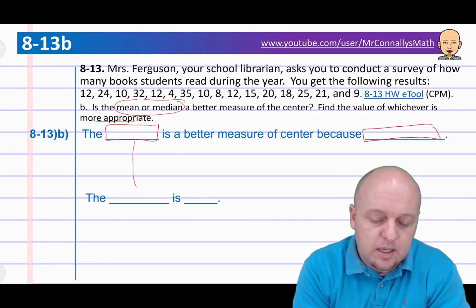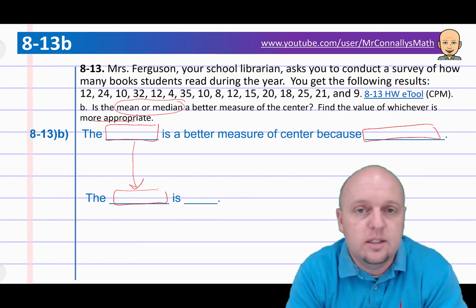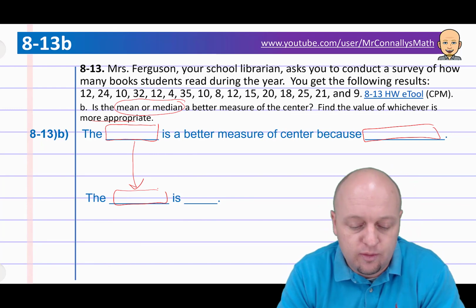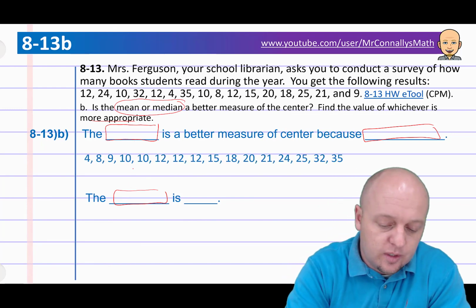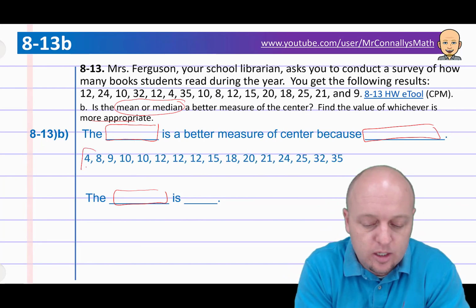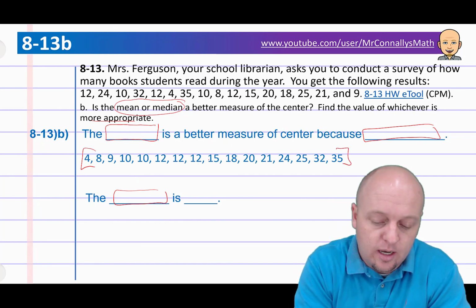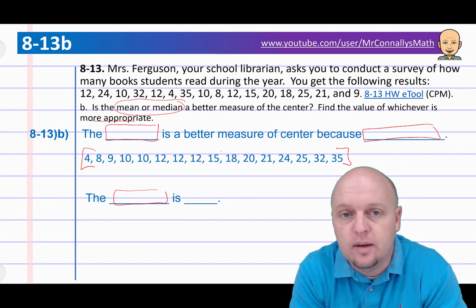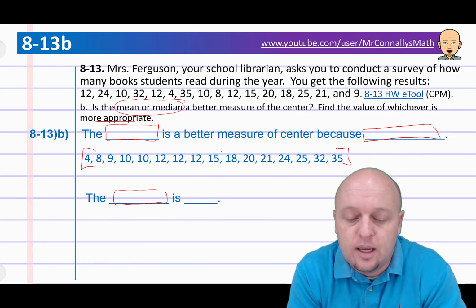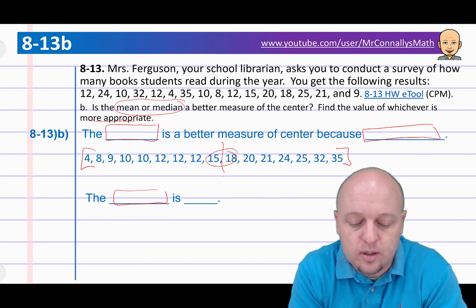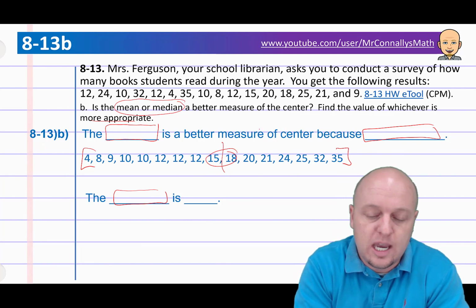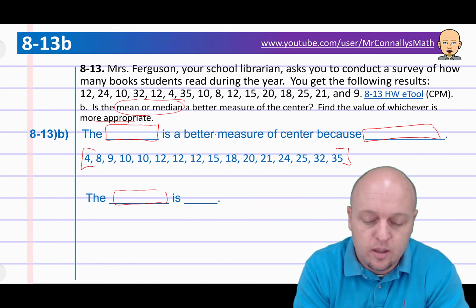Then that same answer will go here, and you'll need to actually compute it. If you wanted the median, then you would find whatever number is in the middle. Count up all the numbers, find the middle one. The left side should have the same as the right. If there's 2 in the middle, then remember it's the average of the 2 numbers: you add them together and divide by 2.